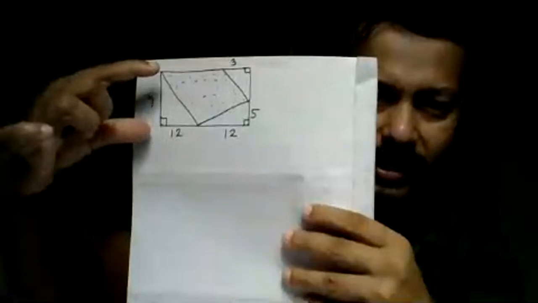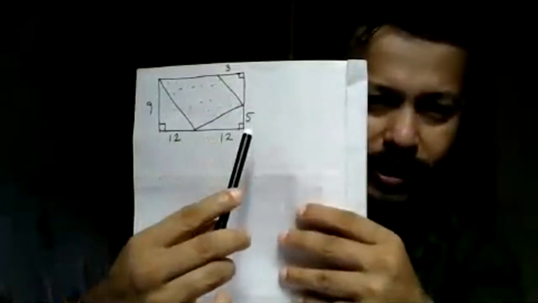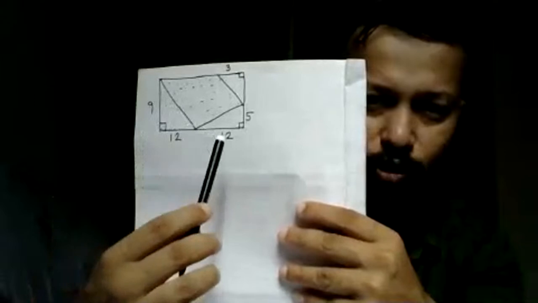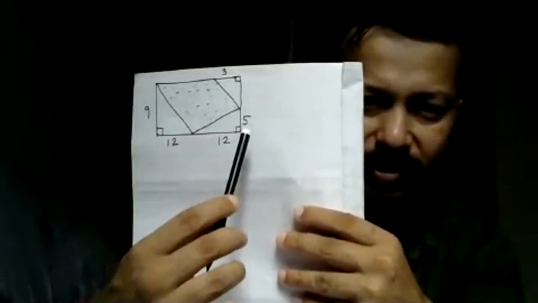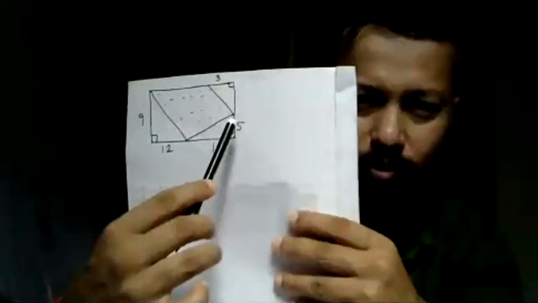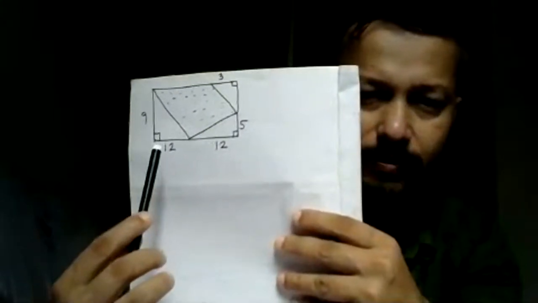This total is 9, can you see? So this total should also be 9. But this much is 5 given, so this much should be 4, because 4 plus 5 will be 9 and they will be equal.